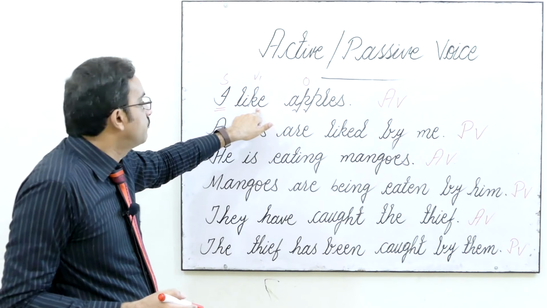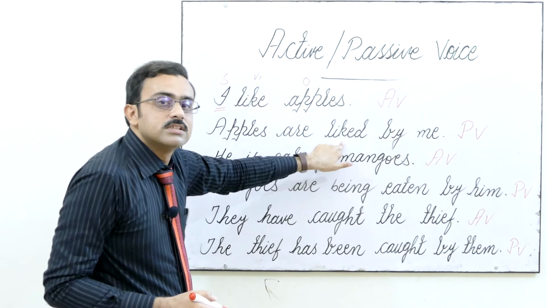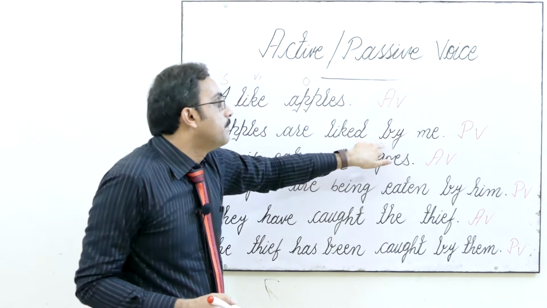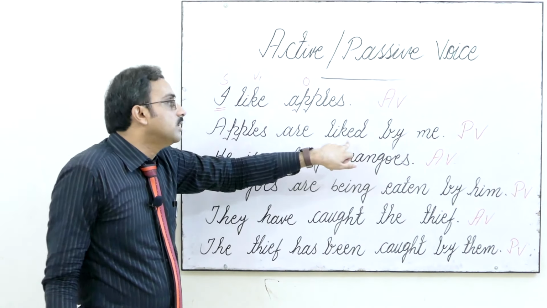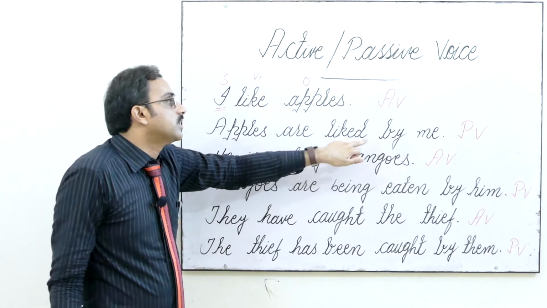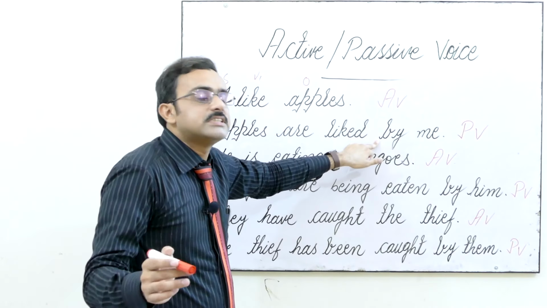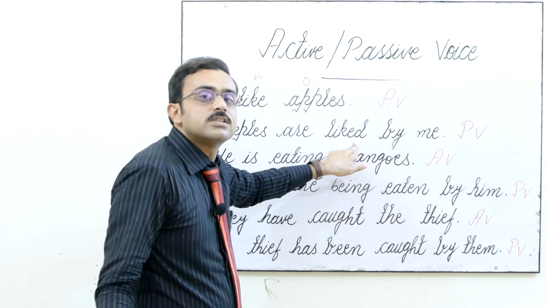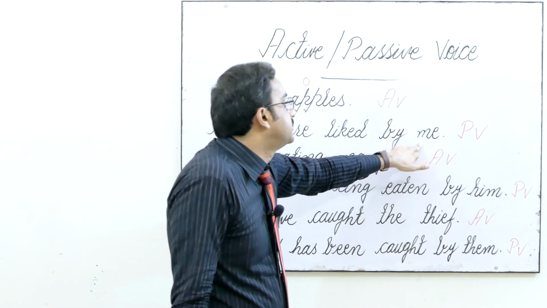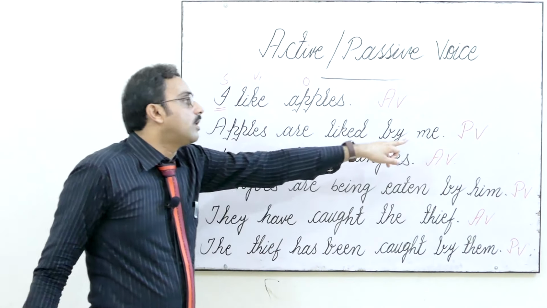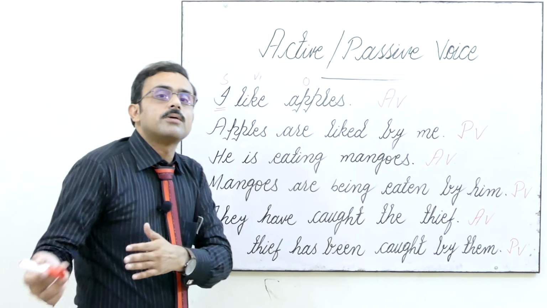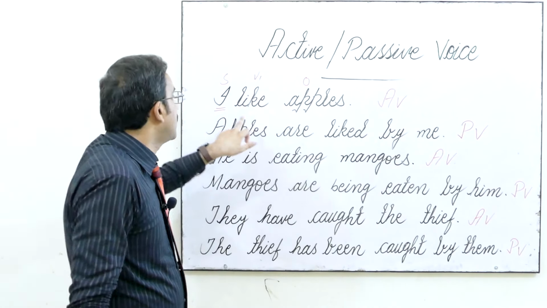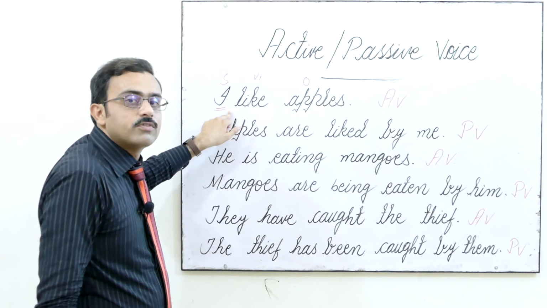Present simple form, first form changes into what? Third form, liked by me. And if you have object, then you do what? You write over there preposition by after third form of verb and then object. And when you are going to write object, you have to change the case of pronoun. Means it was I was your pronoun, first person.